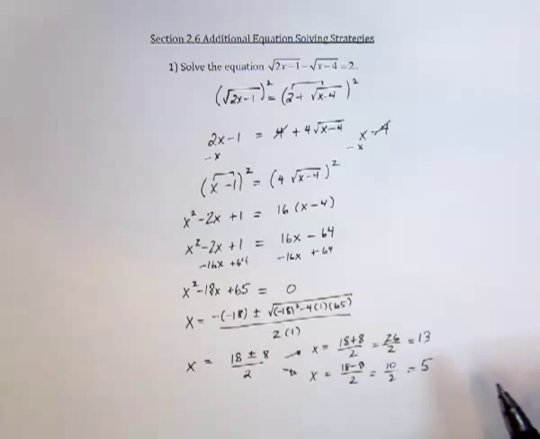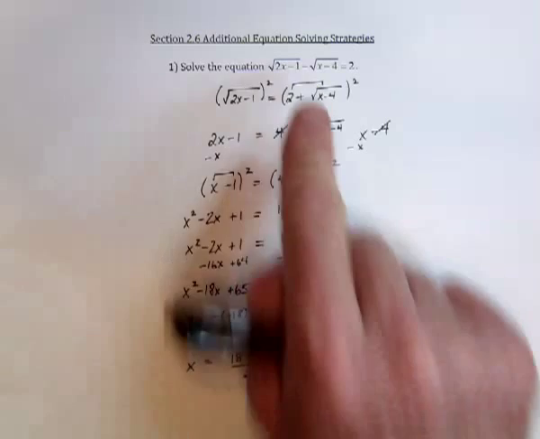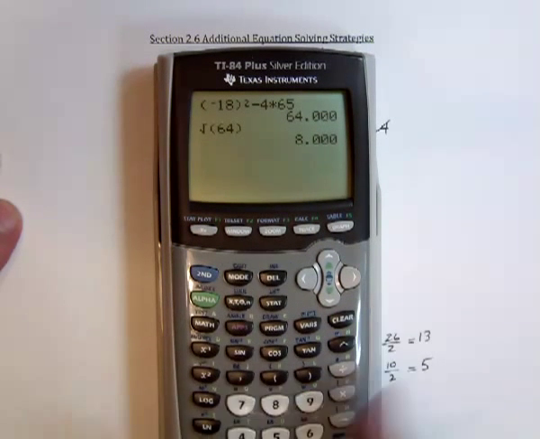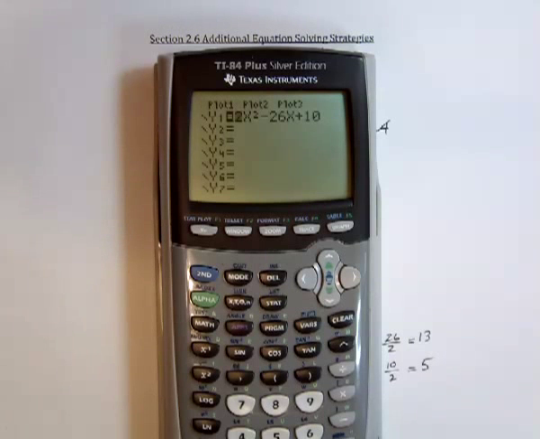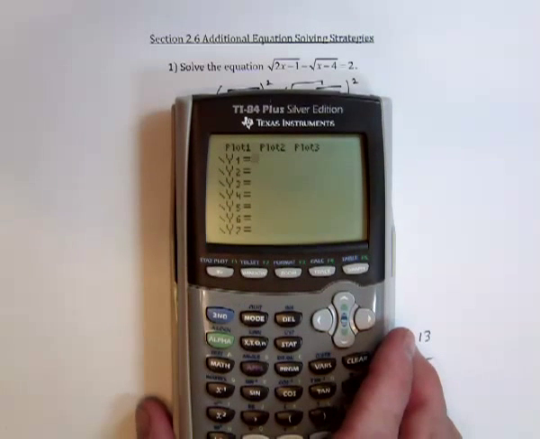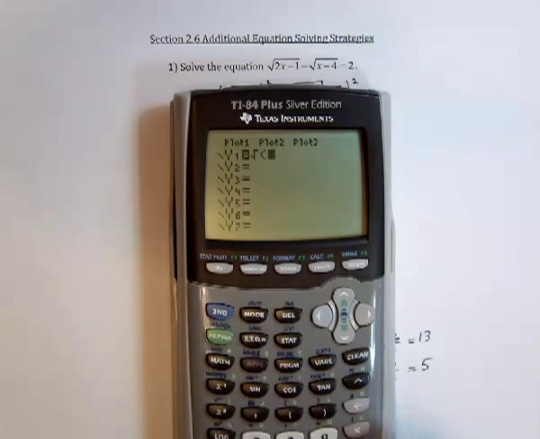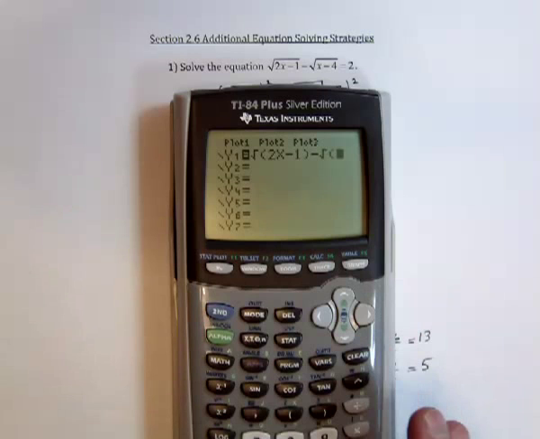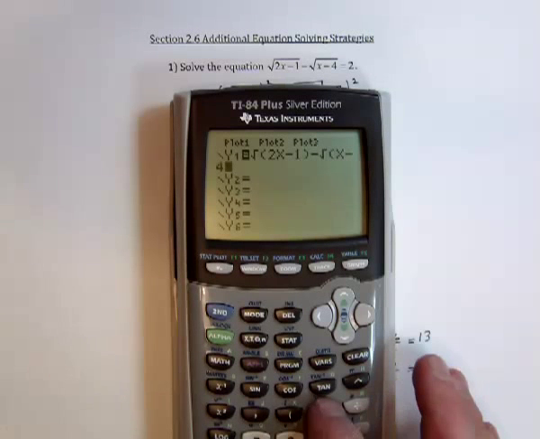I'm going to use the graphing calculator to check. I'll graph the original problem. Y is equal to, in the original problem, square root of 2x minus 1 minus the square root of x minus 4.